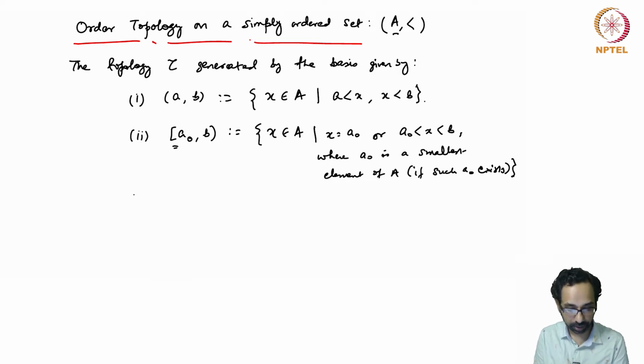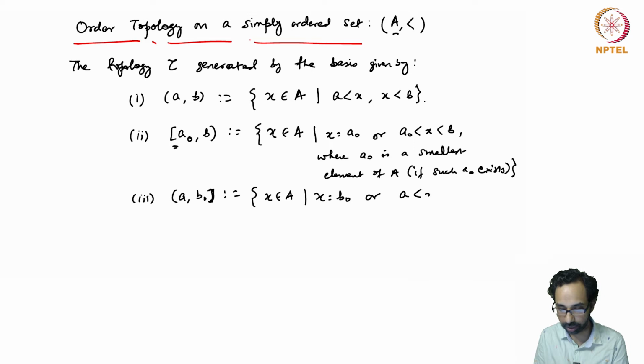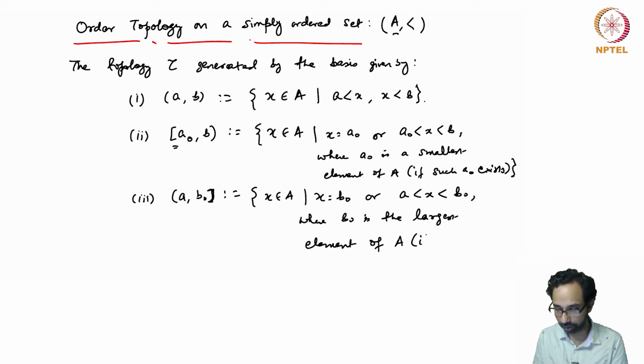Similarly, we can define an interval (a, b0] where it is closed on the right side now, which is the set of all points in A for which x equals b0 or a < x < b0, and here b0 is the largest element of A if such a b0 exists.